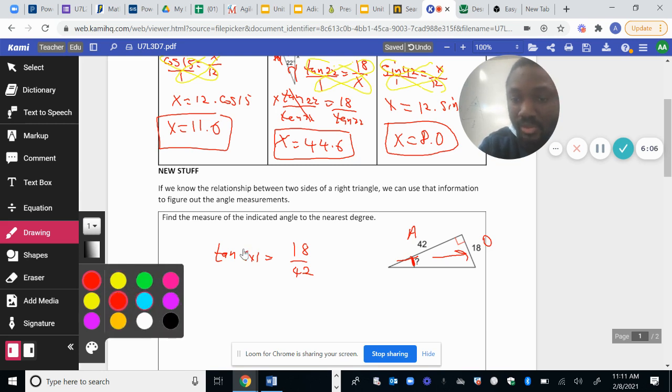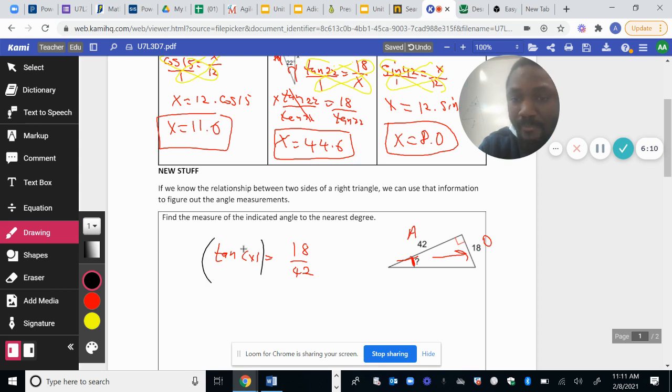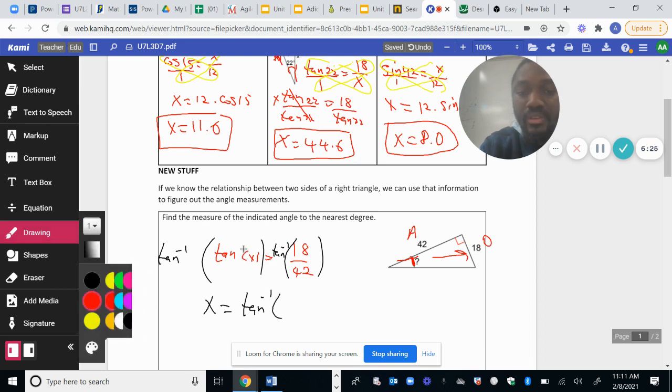So I'm going to call this a new nomenclature entirely, tan inverse, and then tan inverse of this number. So to get the angle that is missing here, I only need to get the tan inverse of 18 over 42.